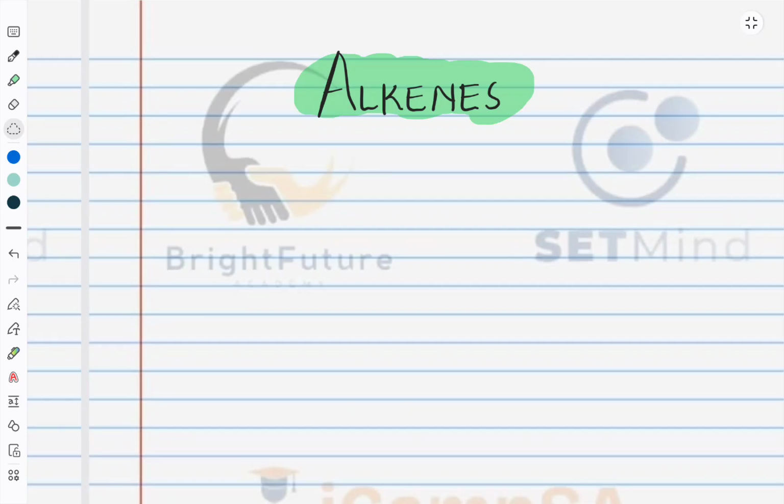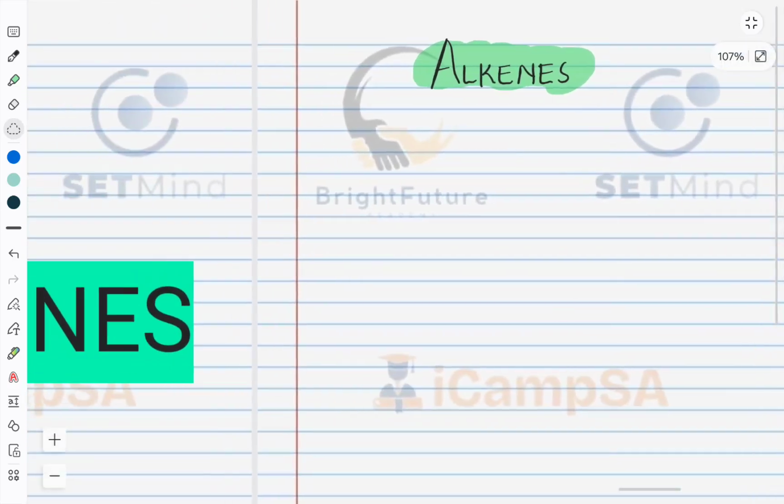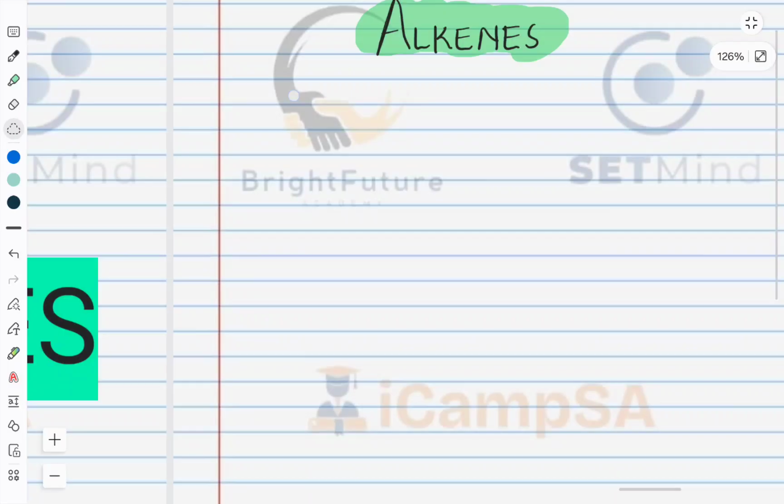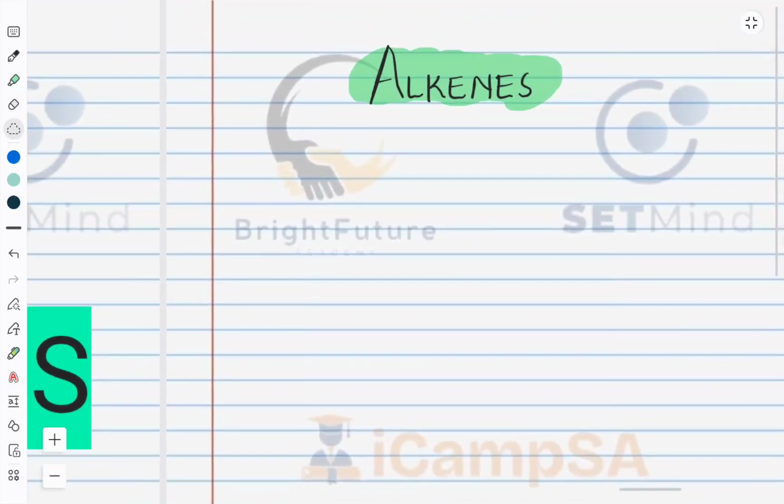Those are the characteristics of alkenes. Now we will be naming them, and most things are similar to how we did the alkanes, especially the branched chain alkanes. Just like any other organic compound, the names will have a prefix, a stem, and a suffix.